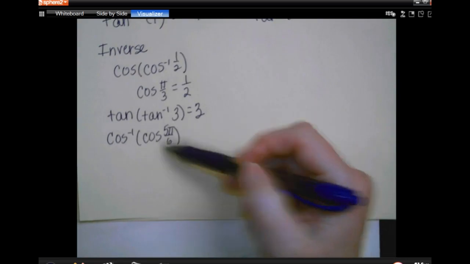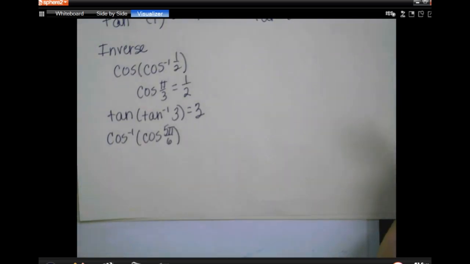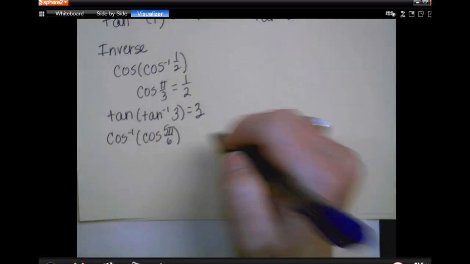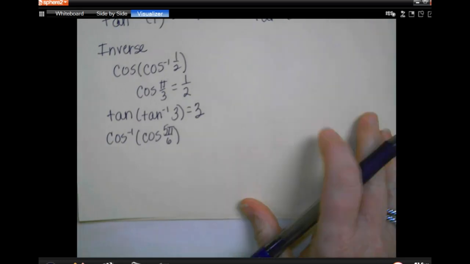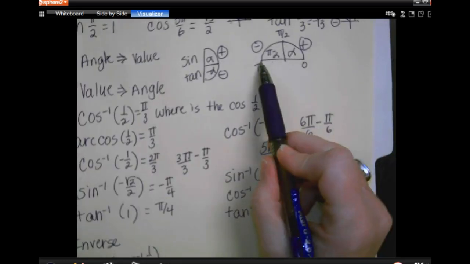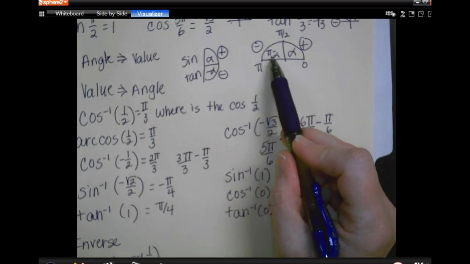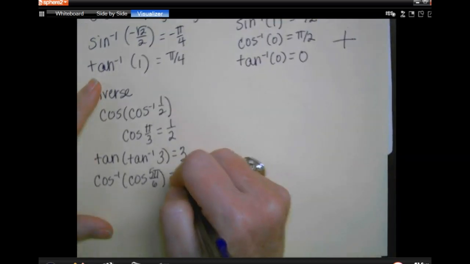So before you can answer this one, is 5 pi over 6 in the restricted area of cosine? Yes or no? So cosine is 0 to pi, right? Is 5 pi over 6 before pi? Yes, so this is correct. This is 5 pi over 6.